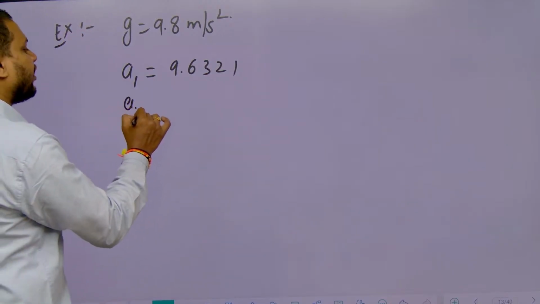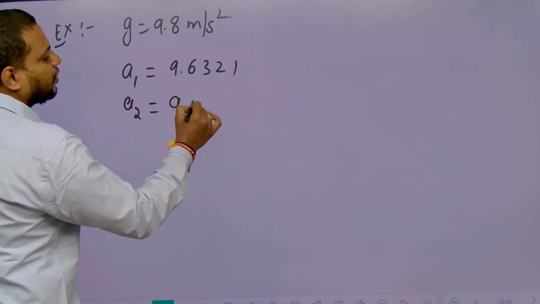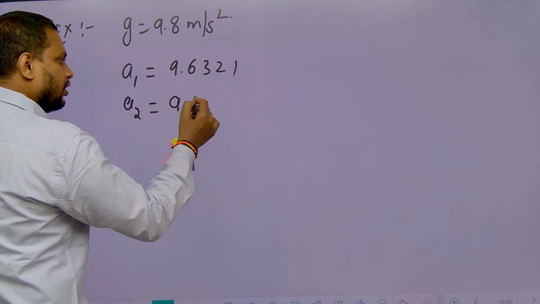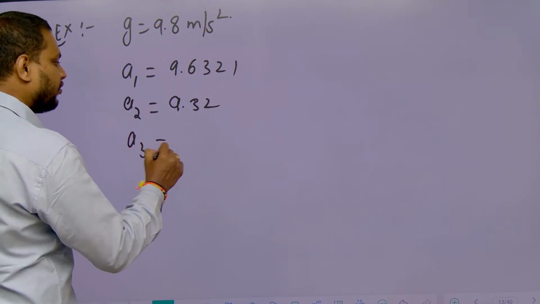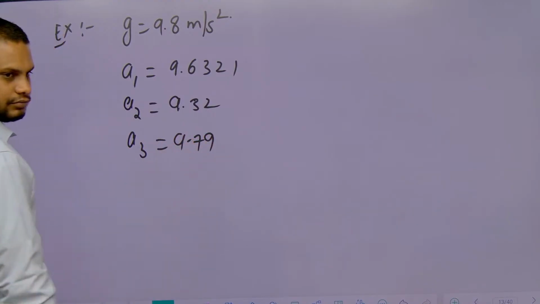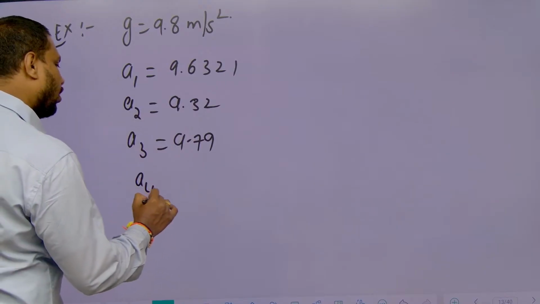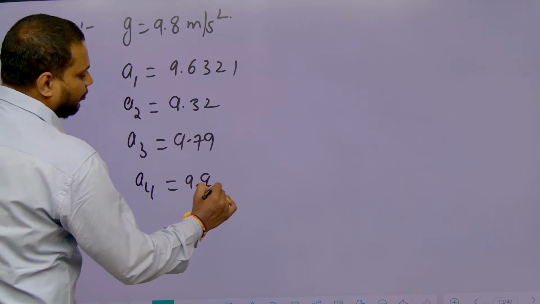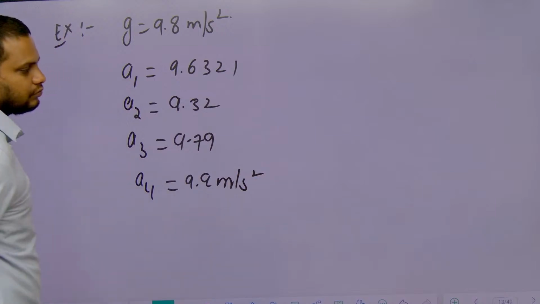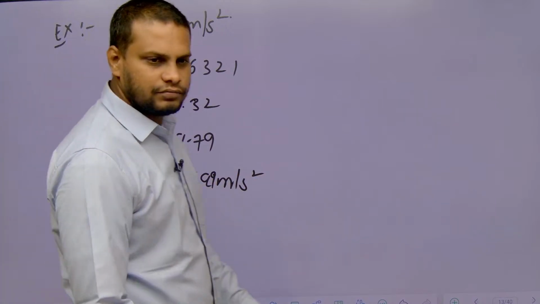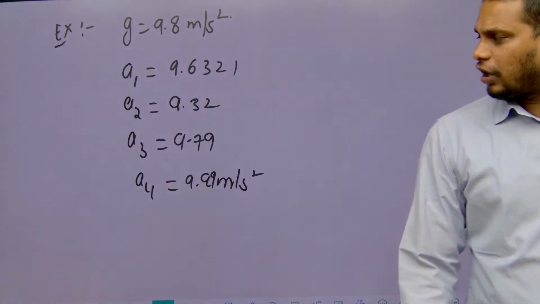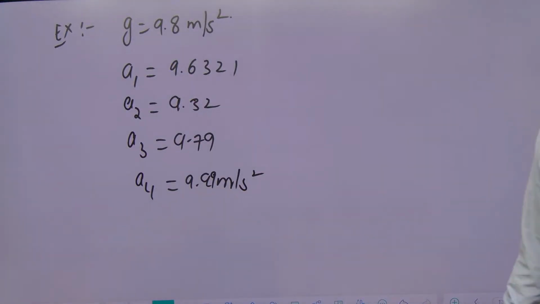Second reading, I got 9.32. Third reading, I got 9.79. Fourth reading, I got 9.9 meter per second square, or 9.99 meter per second square. Now tell me, out of all this, which is very close to the true value?